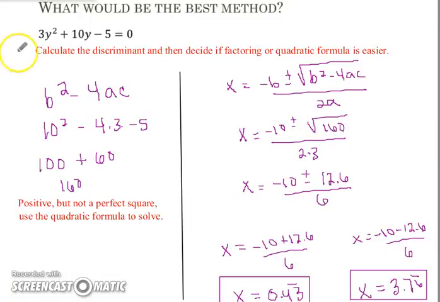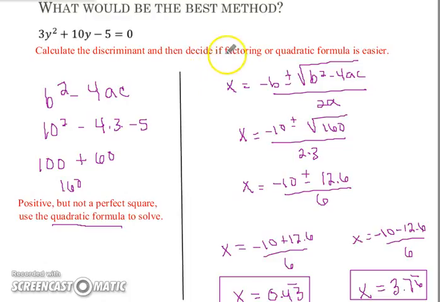If I calculate out the discriminant of this equation, so b squared minus 4ac, b is 10, so 10 squared minus 4 times 3 times minus 5, you end up with 100 plus 60. It's positive, but it's not a perfect square. So this one you'd want to use the quadratic formula to finish solving.